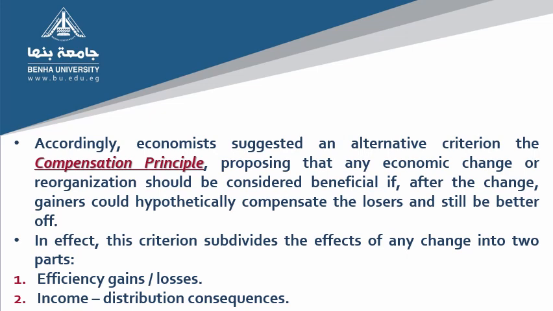Accordingly, economists suggested an alternative criterion, the compensation principle, proposing that any economic change or reorganization should be considered beneficial if, after the change, gainers could hypothetically compensate the losers and still be better off. In effect, this criterion subdivides the effects of any change into two parts: efficiency gains or losses, and income distribution consequences.